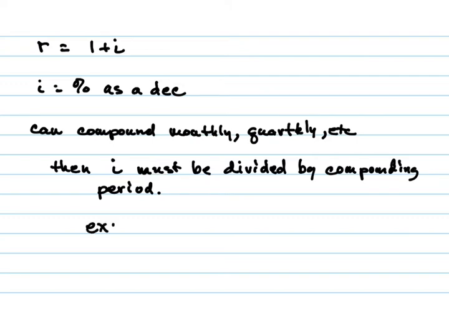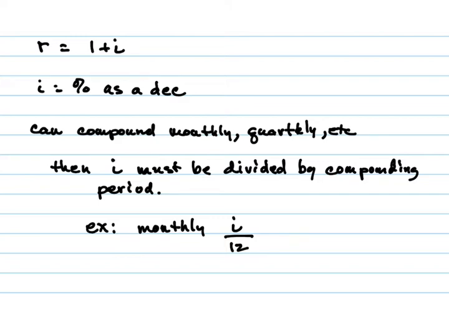For example, if it's monthly, then you would take I and divide it by 12. If it were quarterly, you would take I and divide it by 4. Fortnightly, you would divide by 26. Daily, divide by 365. Even though some years and some months don't have the same number of days, you still just treat them as if they do.